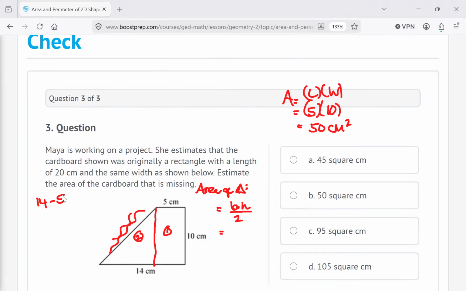So 14 minus 5 is 9. So this length here is 9 centimeters. So the area of a triangle is base times height, so it's 9 by 10 divided by 2, and then that gives you 45.